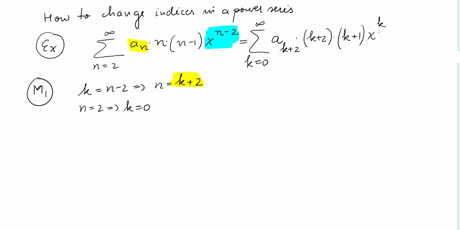And you can check by actually giving values. So if you give values to this series, if you say n equals 2, you get a sub 2 times 2 times 1 times x to 0. Plus, if n equals 3, you get a sub 3 times 3 times 2 x to the first, plus dot dot dot. Now let me do the same.